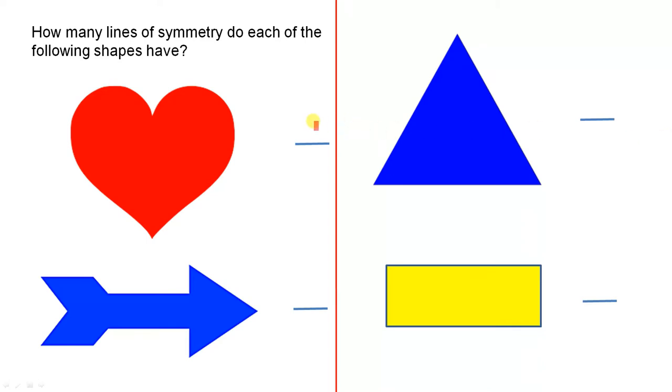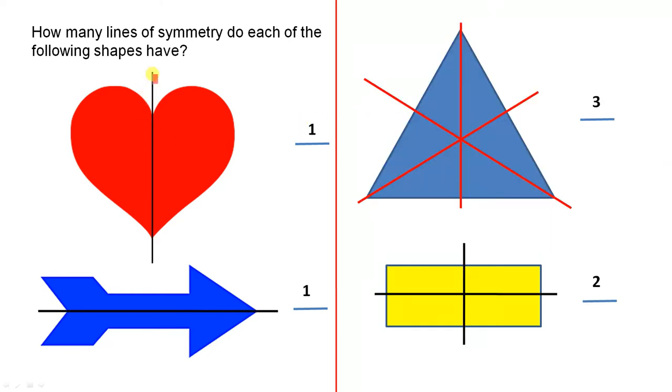Work out what numbers should go in each position to tell us how many lines of symmetry each of the shapes has. Now let's go to the next slide to see the answers.